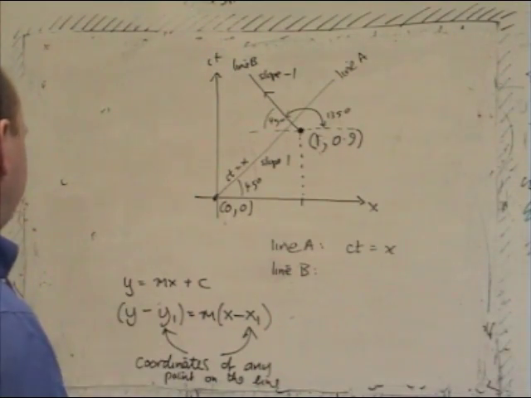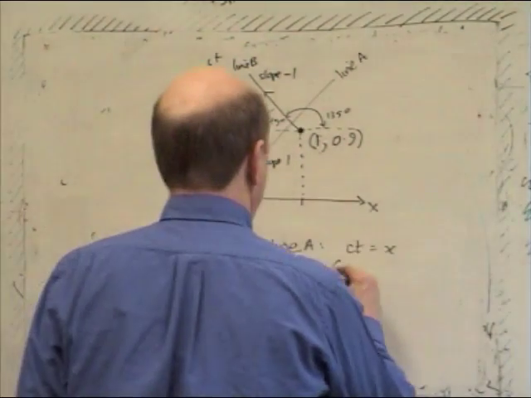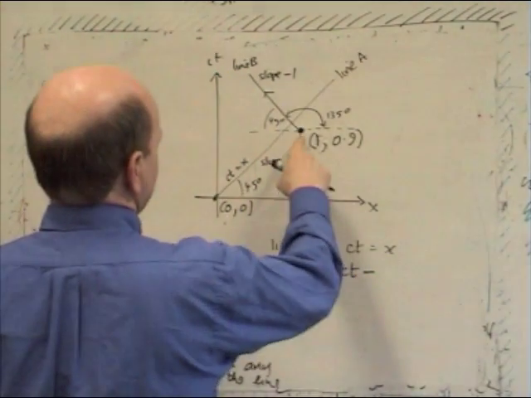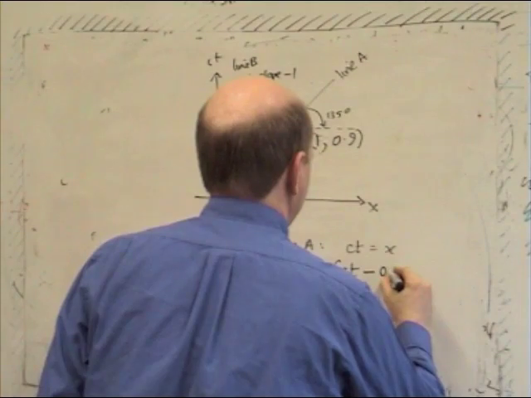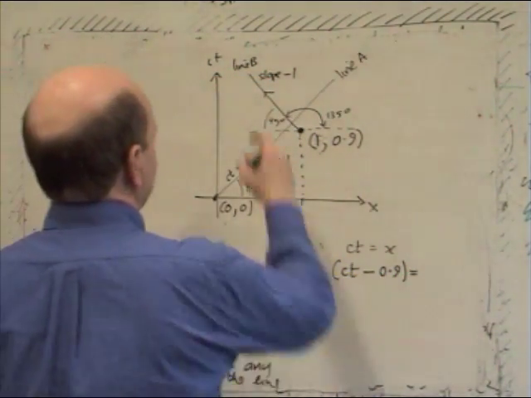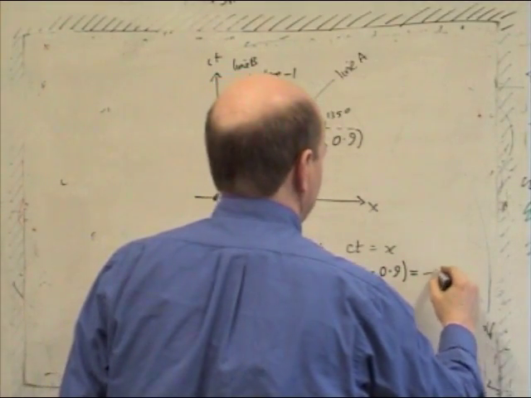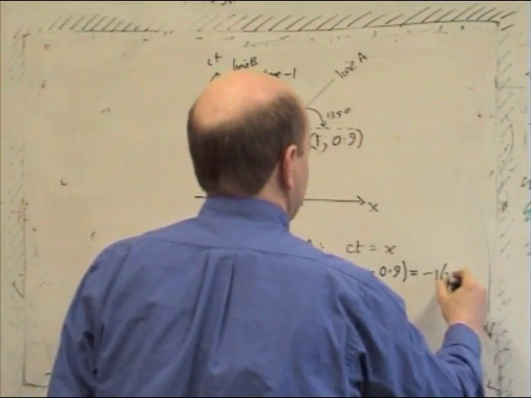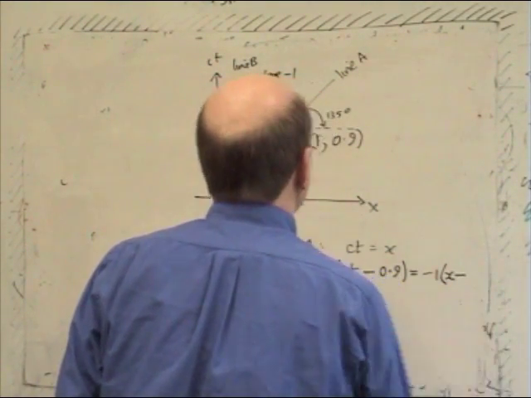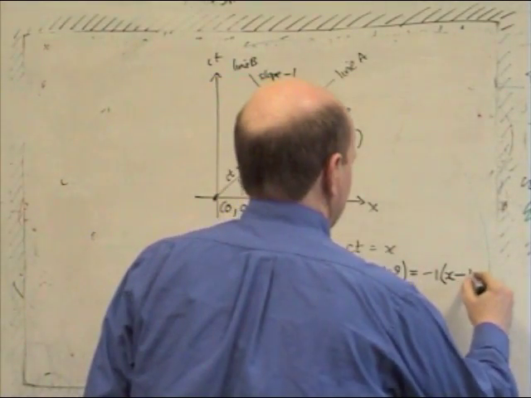So we can write the equation of line B. All we have to do is replace y by ct, replace y1 by the y coordinate of the point we know it goes through, which is 0.9, replace m by the slope of the line, slope of line B is -1, and replace x1 with the x coordinate of the point we know the line goes through, which in this case is 1.